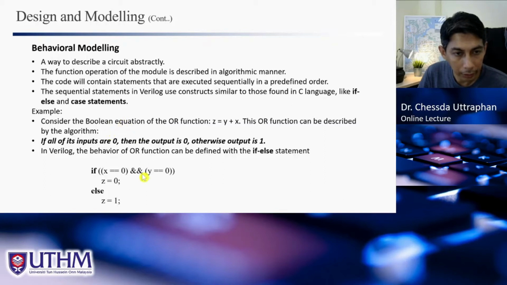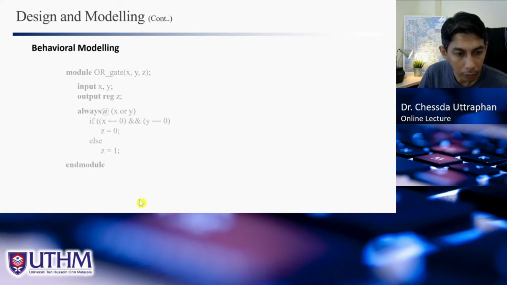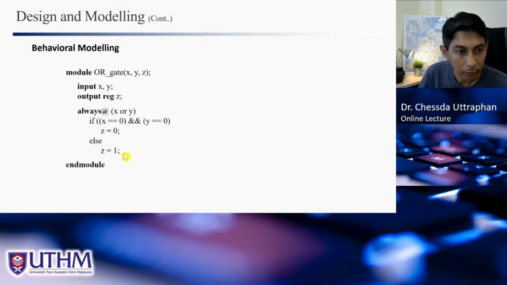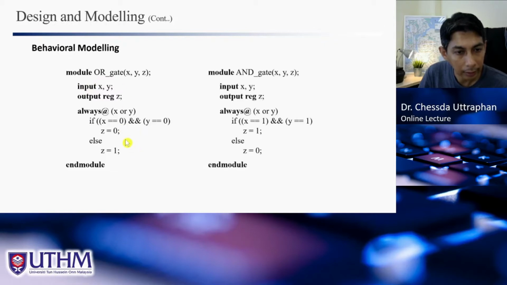So, for example, here we use an if else statement. So if x equal to 0 and y equal to 0, z equal to 1. All right, so this is behavior. So this is the full code, and this is actually an OR gate.